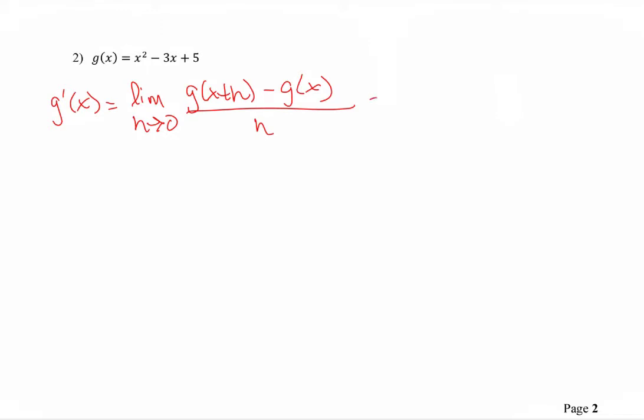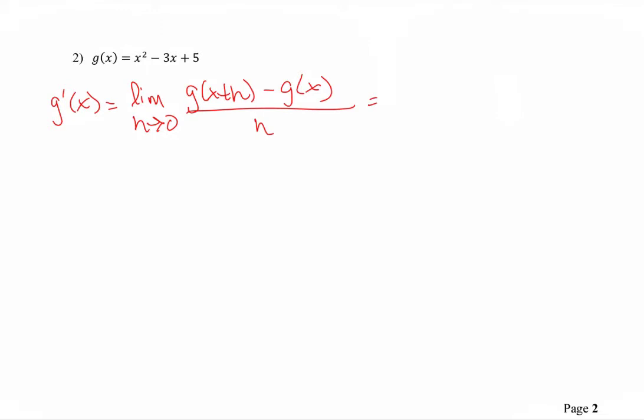Okay, so now let's look at a quadratic. Again, the definition of derivative is g prime of x equals the limit as h goes to 0 of g of x plus h minus g of x all over h.